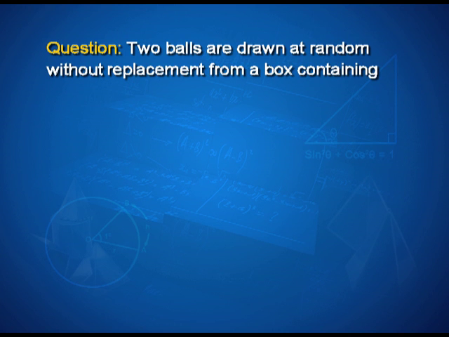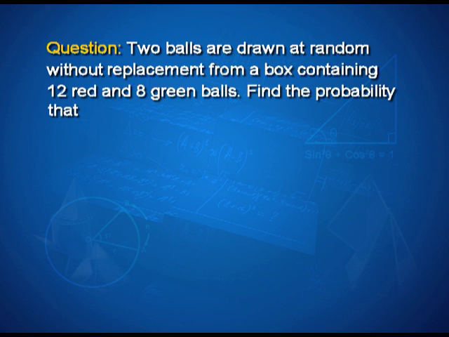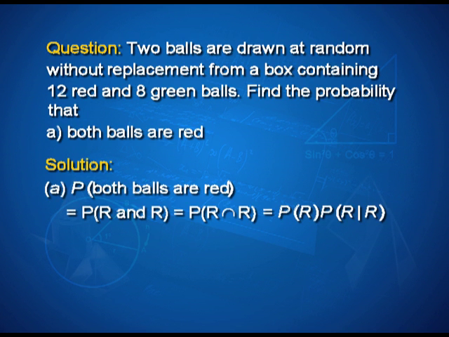Such cases would be without replacement. I have 12 red, 8 green balls. What is the probability that both balls are red? In this case, again starting with the same notation of R and G, the probability of R and R, which is the probability of R intersection R, will be the probability of R times the probability of R given that R has happened.